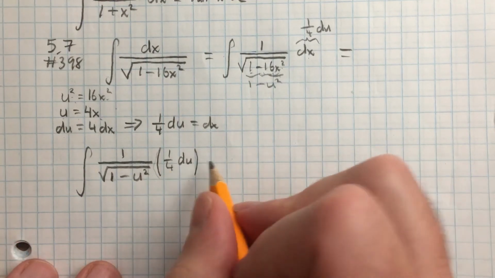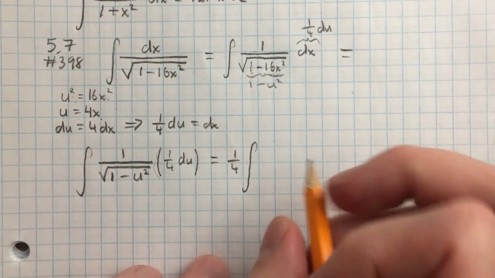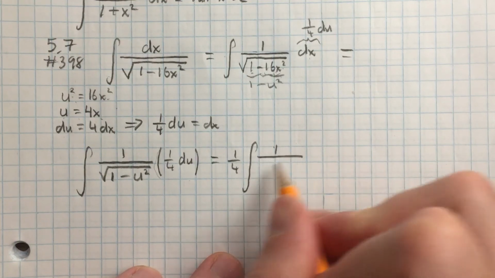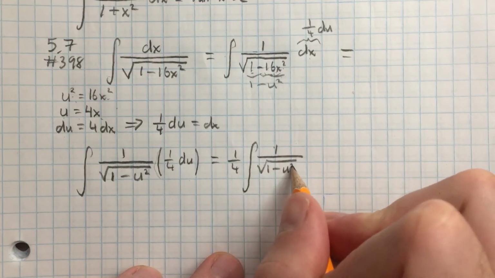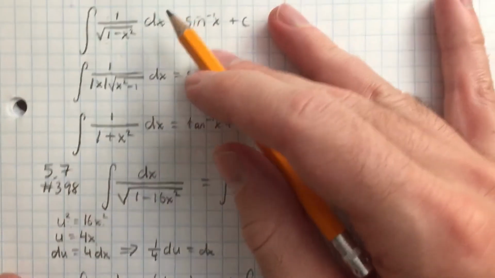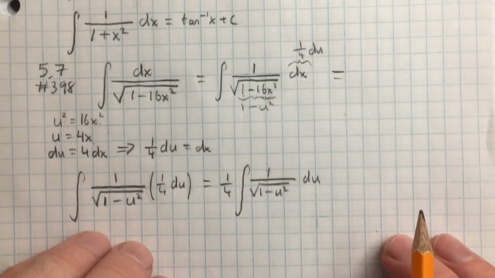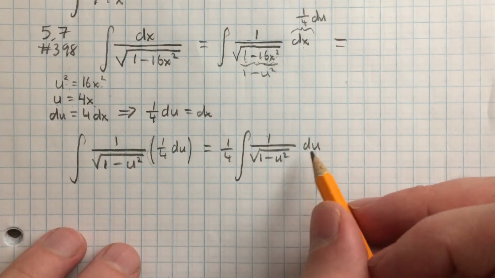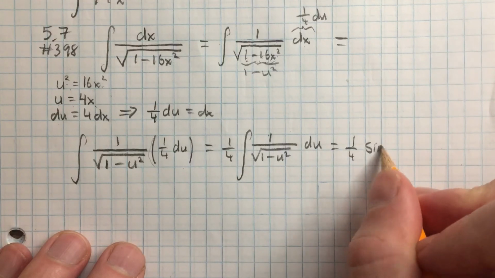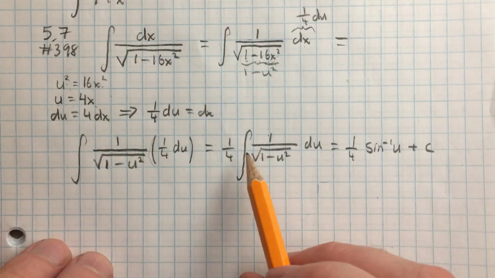We want to push the 1/4 to the outside, so 1/4 goes out there to clean up the integrand a little bit, make it a little less confusing. 1 minus u squared du, but we know that 1 over the root of 1 minus x squared dx is sine inverse x, so therefore it's just a different variable, but it's the exact same structure, so therefore it must be 1/4 sine inverse u plus the arbitrary constant because it was an indefinite integral.